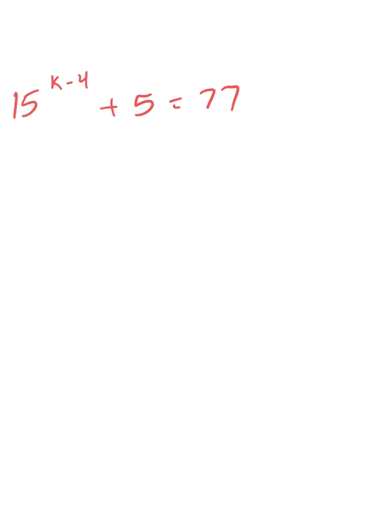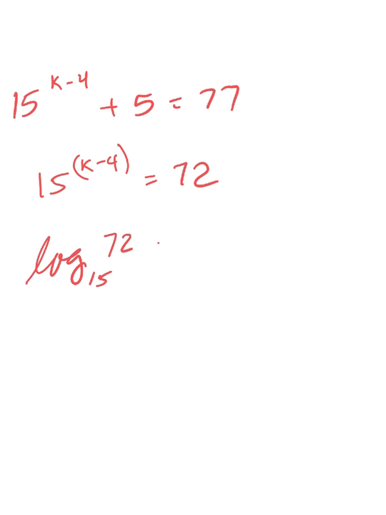So the first thing we do here is subtract 5. So we have 15 to the k minus 4 equals 72. And now we're ready to put this in logarithmic form, because we've got the guy with the exponent alone. So it's log base 15 of 72 equals k minus 4.